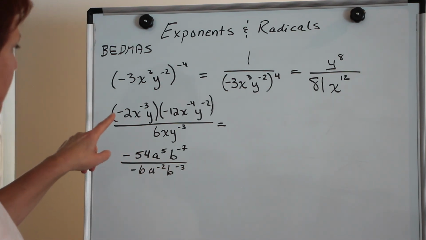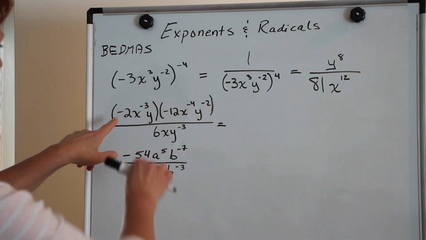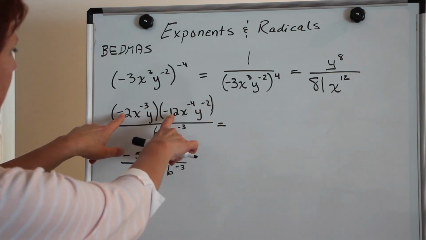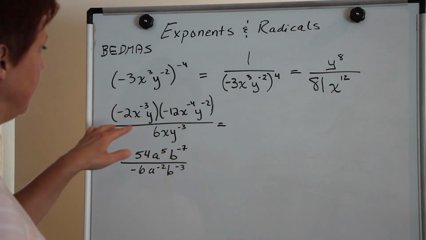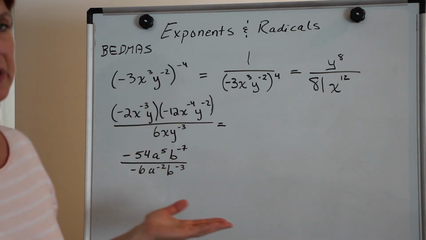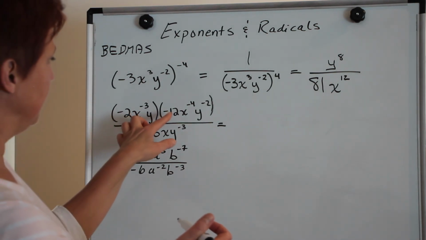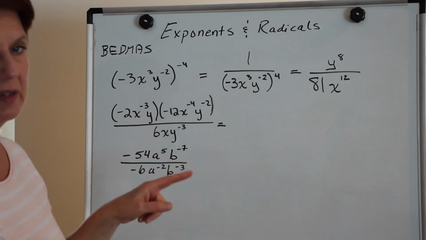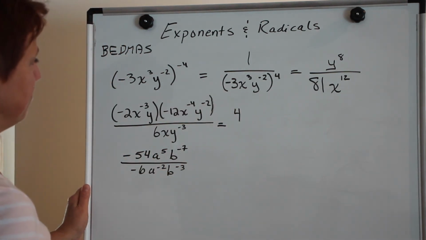So I think what I want to do is first of all notice that my final answer will be positive, because this -2 and that -12 are not being raised by anything, okay? They're just being raised by 1. So negative times a negative is positive. There's no exponents to worry about. So that gives me 24, and divided by 6 gives me 4. So I'm just going to put a 4 right there, okay?